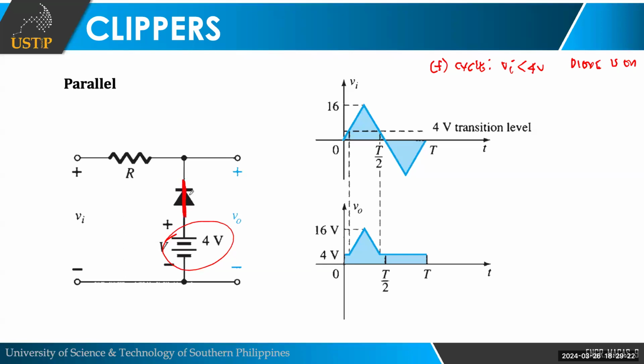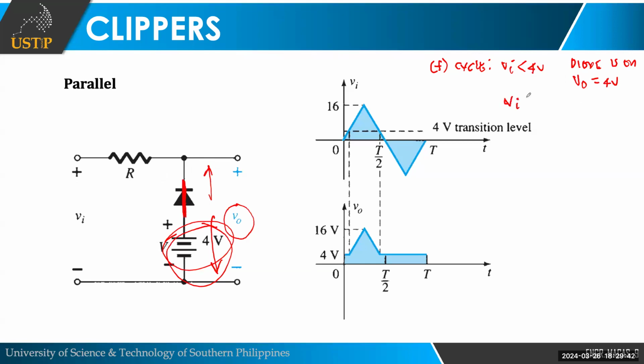So pag closed circuit na siya, unsay basa karon sa imong voltage output? Of course, ang yarang girid nga voltage actually is ang 4 volts. Kay mo man na siya parallel ani. So during VI less than 4, diode is on, VO is 4 volts.